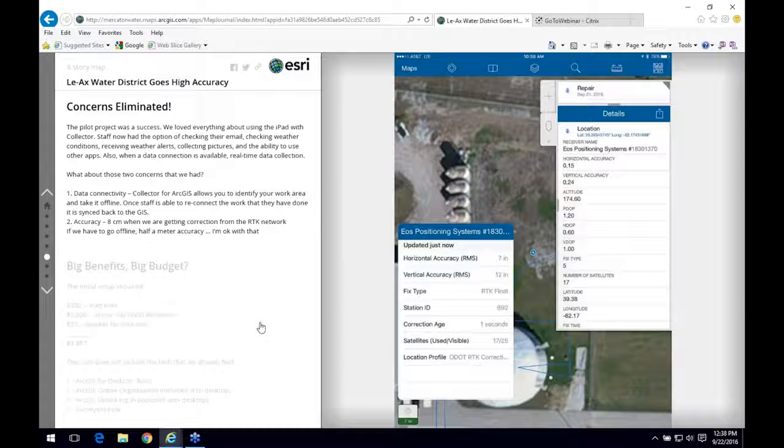Well, yeah, the connectivity issue was pretty much resolved when Collector came out with the offline option. It's been a very handy piece, because there's days where they go out and they're away from civilization for a few hours, but there are still points that we really need for our system.